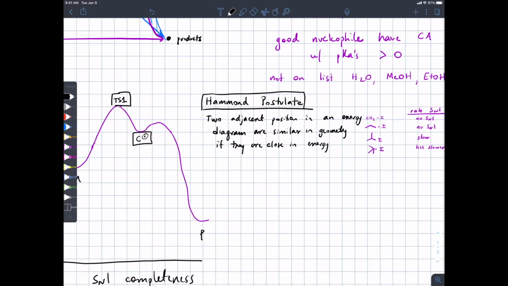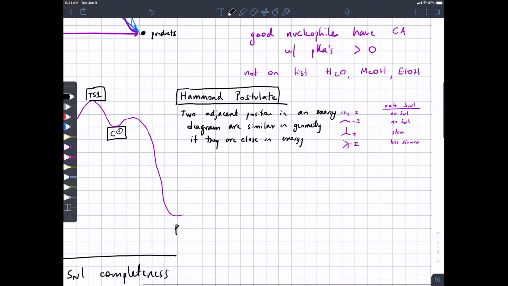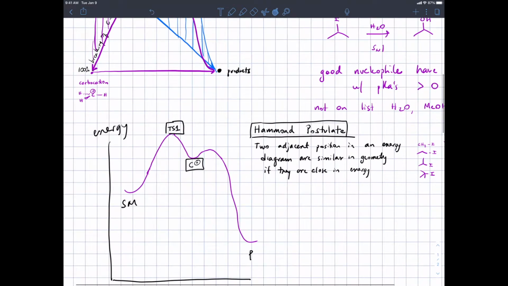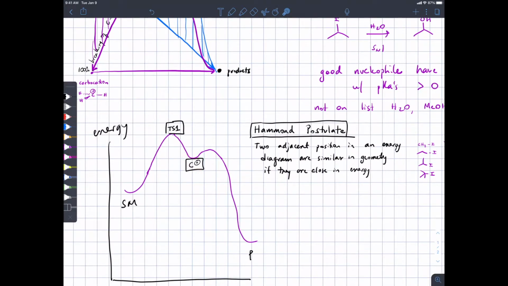You may look at that and say, well, duh. Two positions on an energy diagram that are adjacent to each other, if they're close in energy, must be close in geometry.